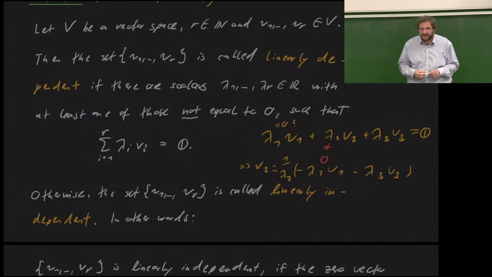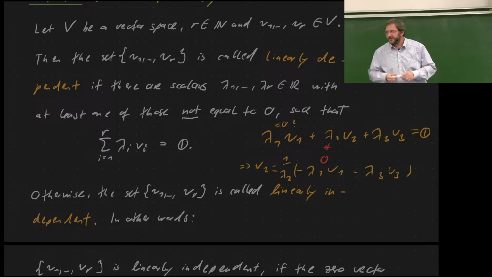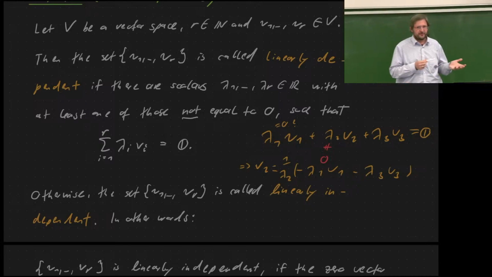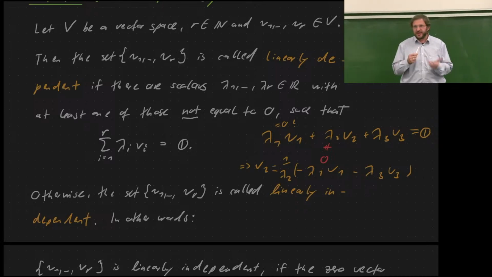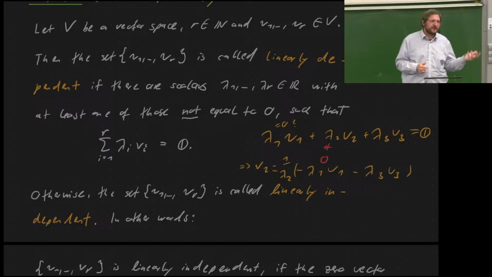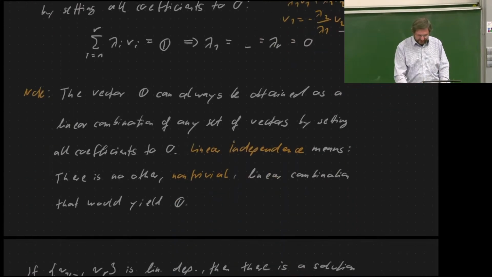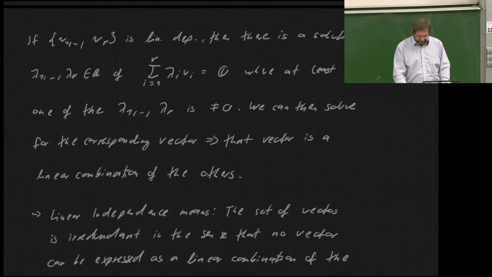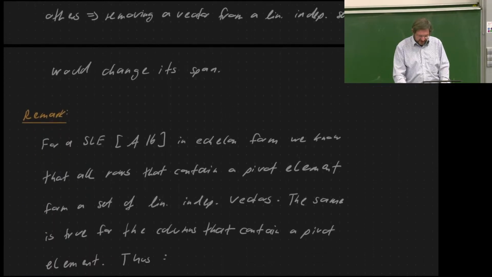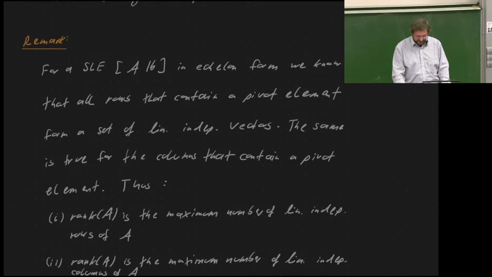And that means none of those vectors can be expressed as a linear combination of the others. Or in other words, throwing any of these vectors away will change the span of the set. So in this way, I have an irredundant description, an irredundant basis of that set, an irredundant generator. And that is the main idea of linear dependence and independence.